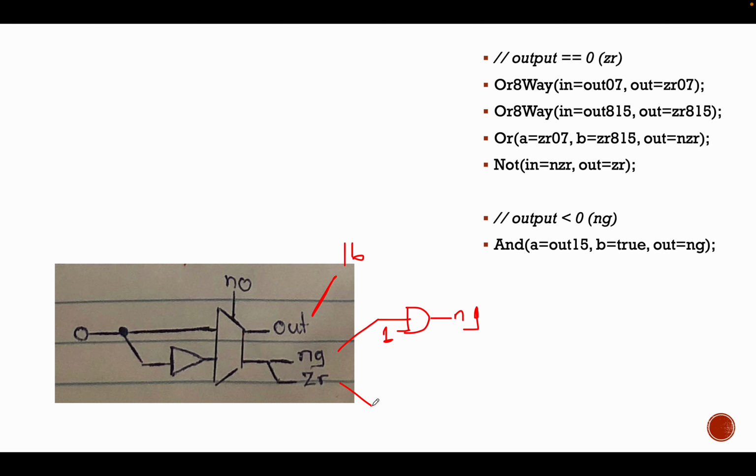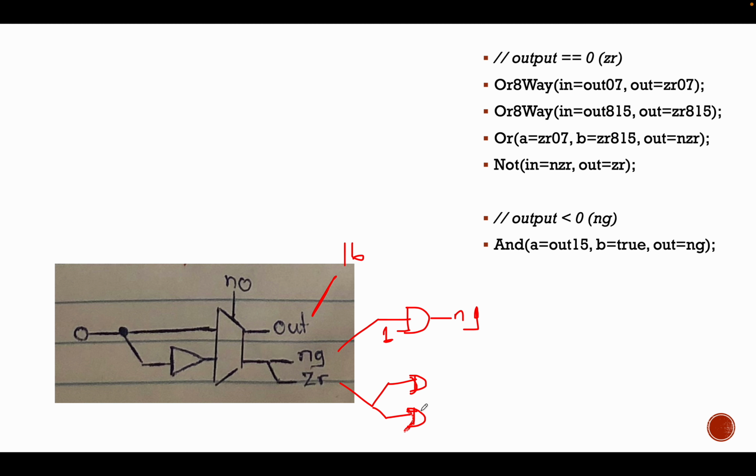Whereas ZOR will be divided into two. One is the OR 8 way.